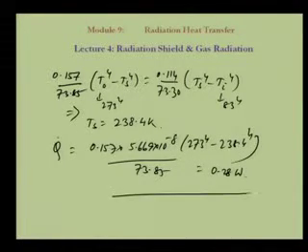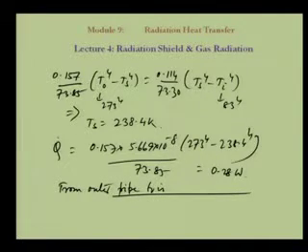So, this is the rate of heat transported from the outer pipe to the inner pipe at steady state. The rate through the shield has to be the same to the inner pipe also at steady state.